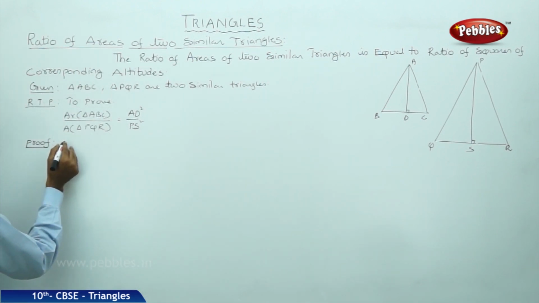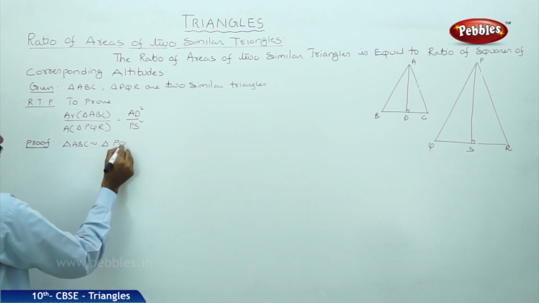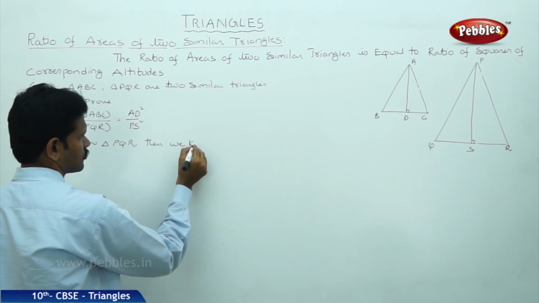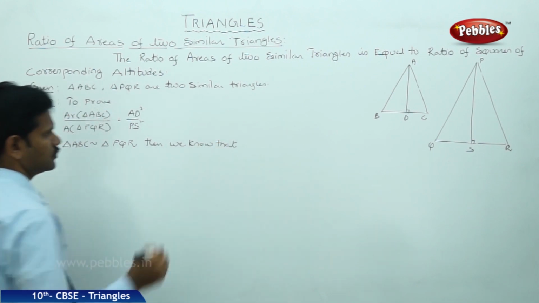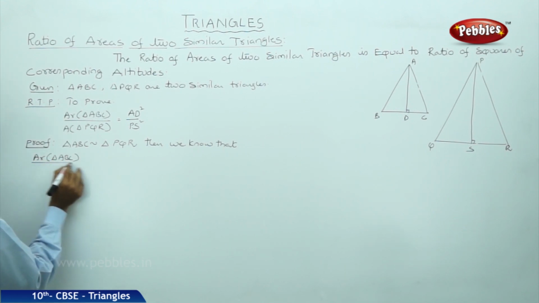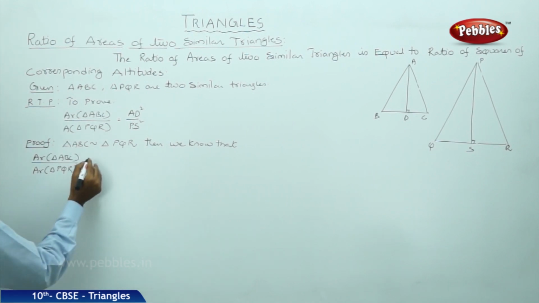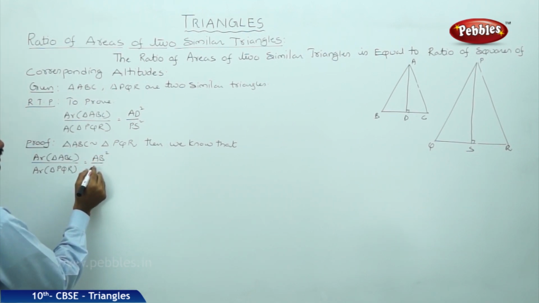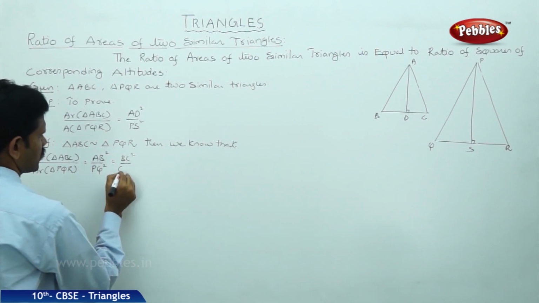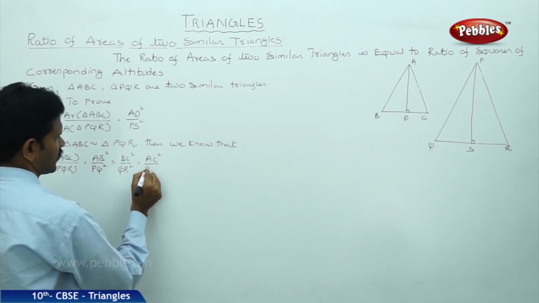Now since triangle ABC is similar to triangle PQR, then we know that area of triangle ABC by area of triangle PQR is equal to AB square by PQ square, BC square by QR square, and AC square by PR square.